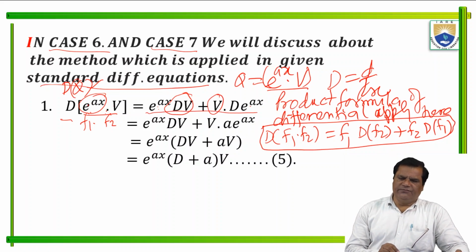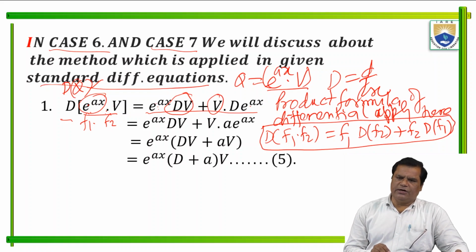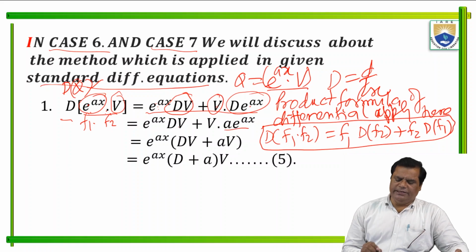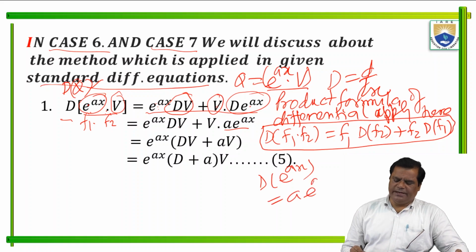So the exponential function as first function is taken constant, and the differentiation of the second function V with respect to x gives dV. Plus V is constant, with the differential of the first function e^(ax), which is a e^(ax).